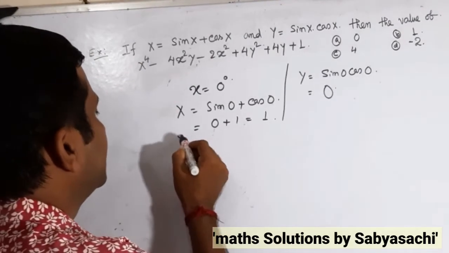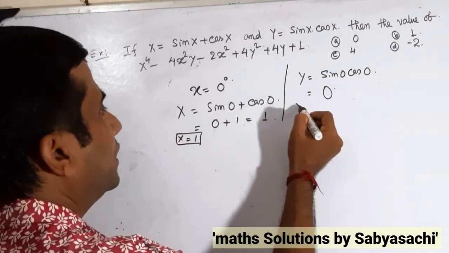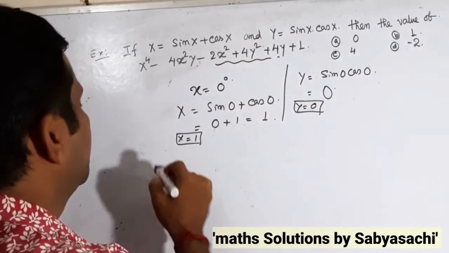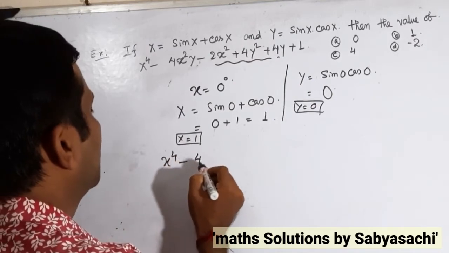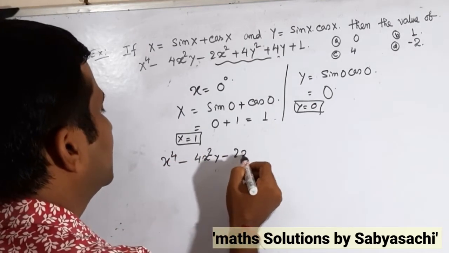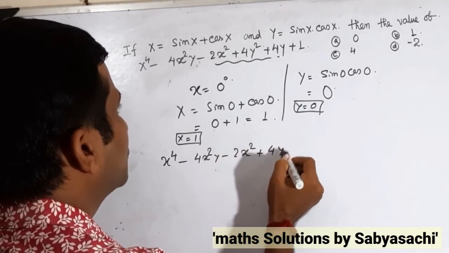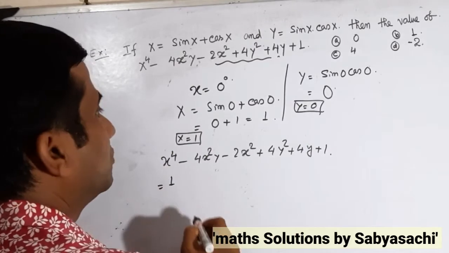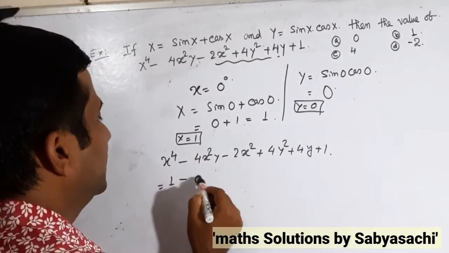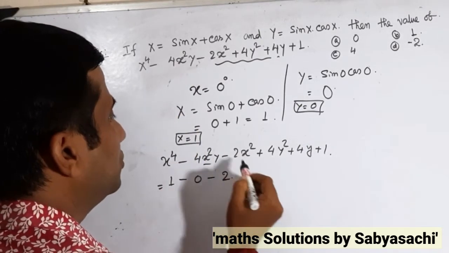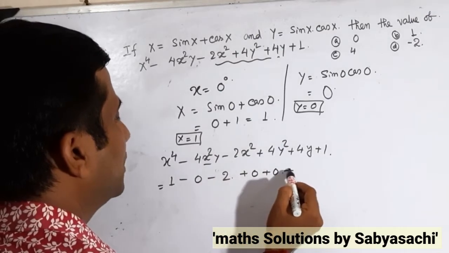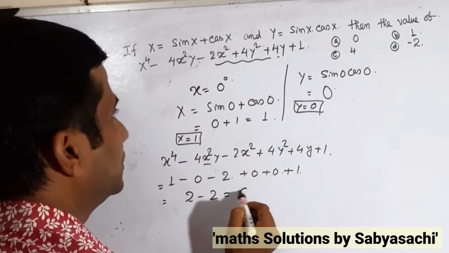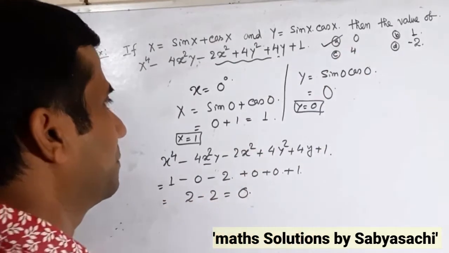Now putting x is equal to 1 and y is equal to 0 in the given expression, x to the power 4 minus 4x square y minus 2x square plus 4y square plus 4y plus 1, we get 1, this is 0, this is minus 2, this is 0, this is 0 and 1. That means 1 plus 1 is equal to 2 minus 2 is equal to 0. So A is the correct answer.